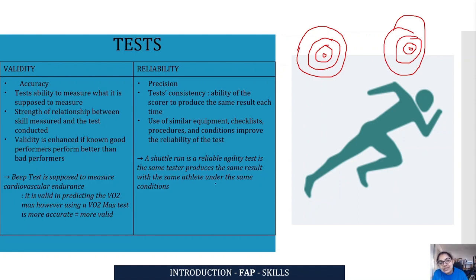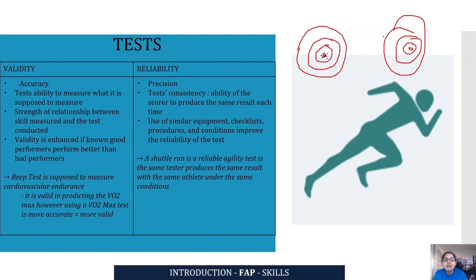So a test is valid if every time you are, so this is a target, every time you are getting here, here, here, getting to the target, that's a valid test. It's generally always here, but some tests can be around as well, but generally every time you're hitting the main point that you need to hit. So that's a valid test.